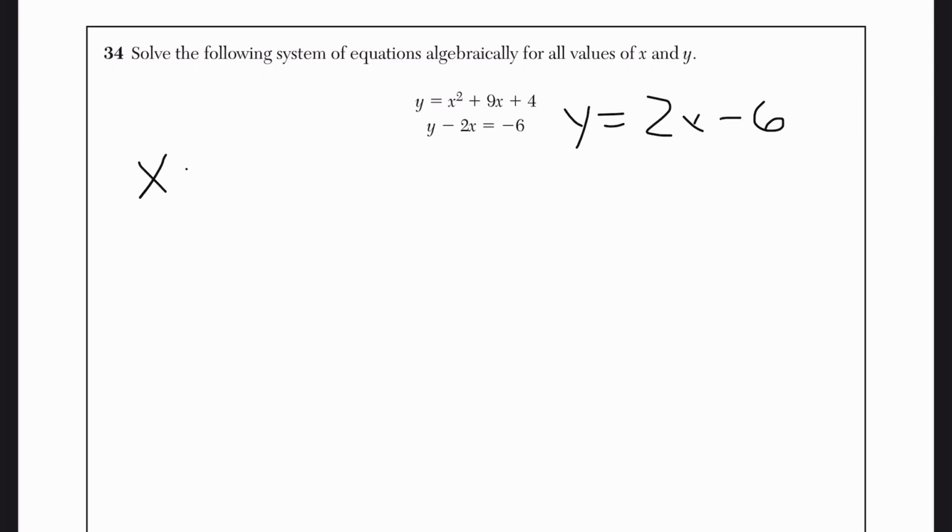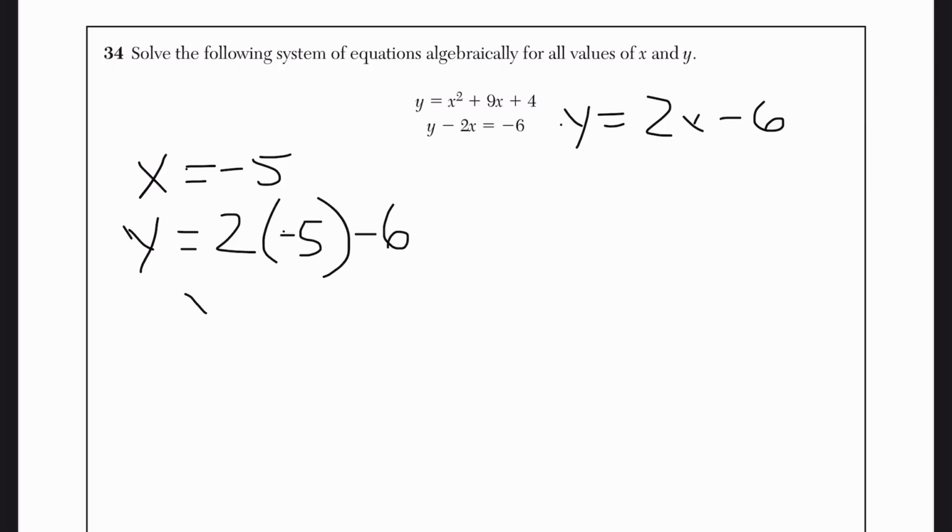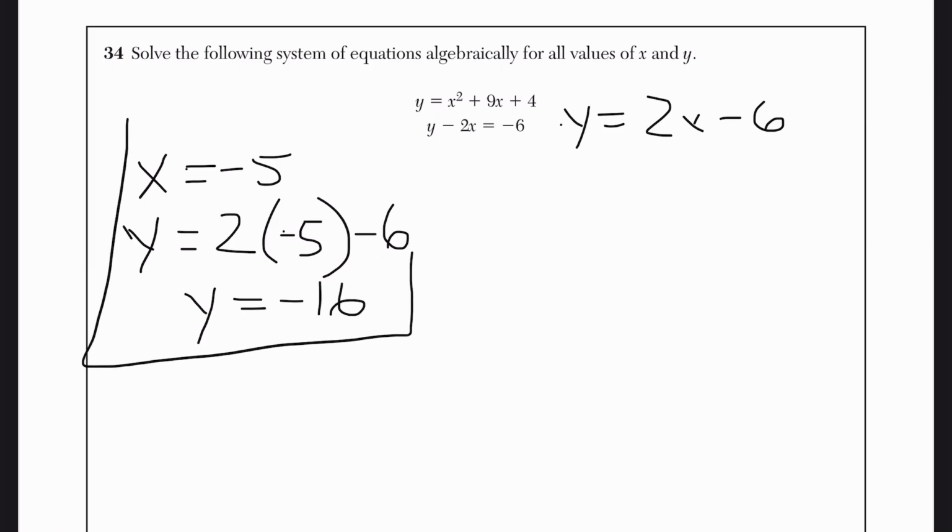So if x were to equal negative 5, to find y, we can plug it into either equation, but to me this second equation seems a lot easier. y equals 2 times negative 5 minus 6, which is negative 16. So that's one x and one y.